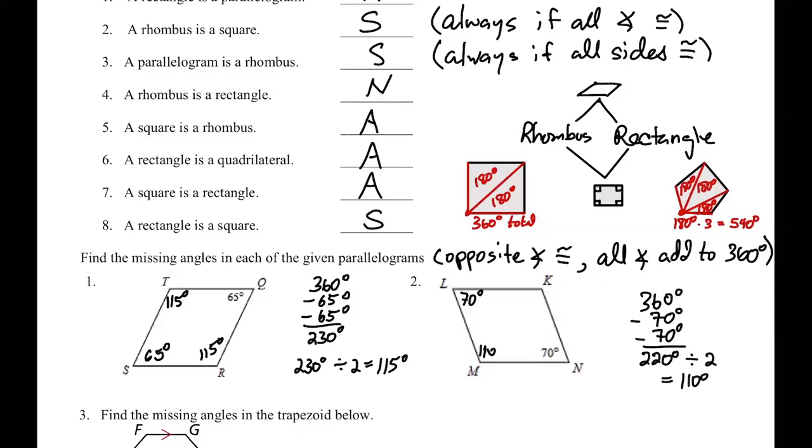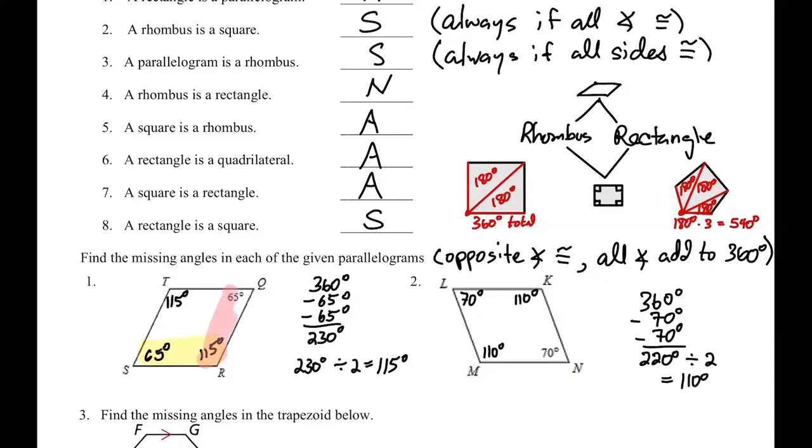Now you'll notice that in each case, each pair of consecutive angles adds to 180 degrees. Right? So for number 1 and number 2, and they're both quadrilaterals, so it should make sense. Right? Or sorry, parallelograms. So these two angles add to 180.